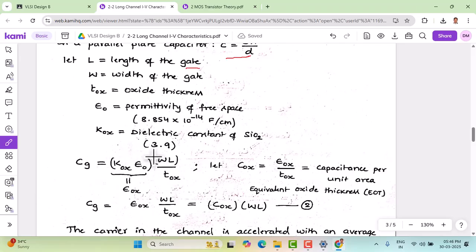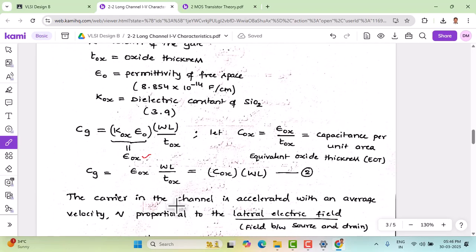Now let us rearrange these terms. KOX times epsilon naught, the absolute permittivity, can be shown as epsilon OX. So Cg becomes epsilon OX times WL by TOX. This ratio, epsilon OX by TOX, we show as COX. Therefore Cg equals COX times WL. That is equation number 2.